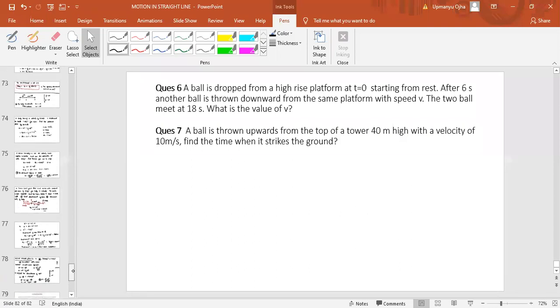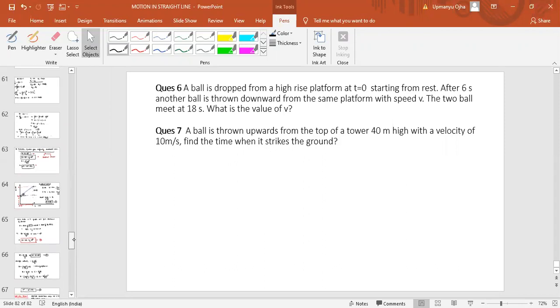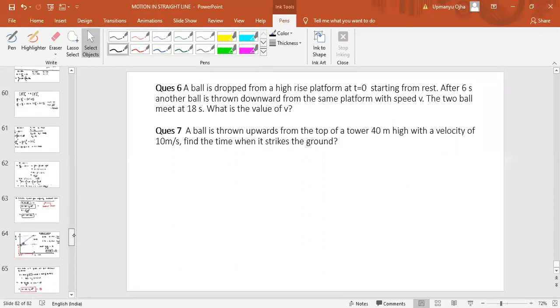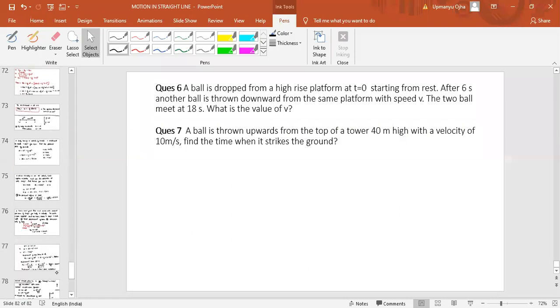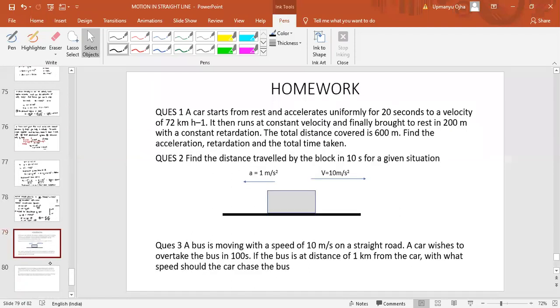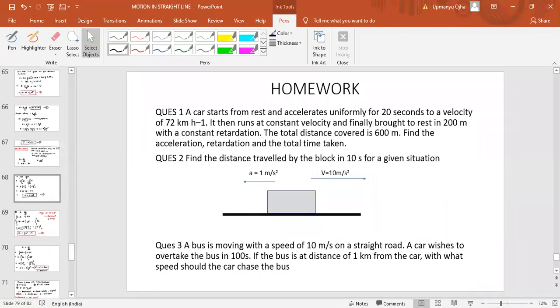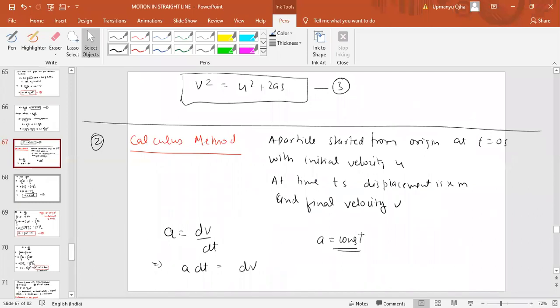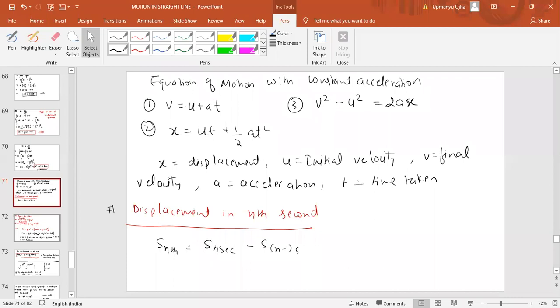Which slide do you want me to show? Tell me. 79. Yes, I'm teaching batch 2 only. So which slide did I start from? I think we started from this one today. This is the first slide we have done.